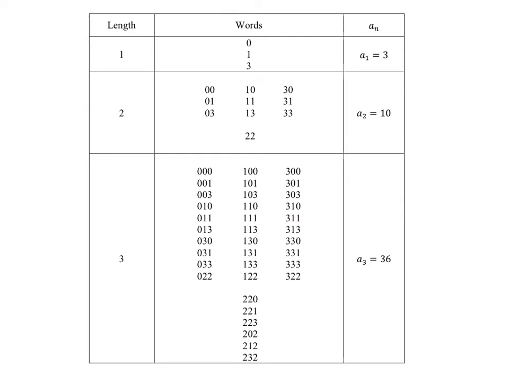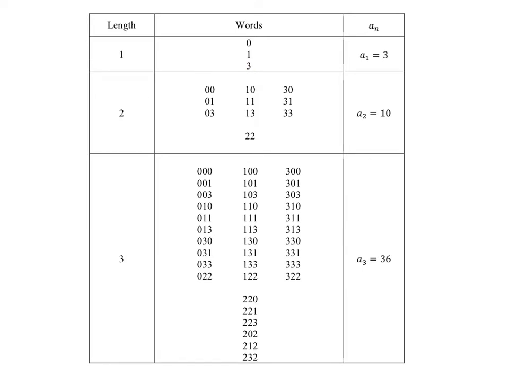So instead of counting directly, let's try to think recursively to help us in this counting process. Thinking recursively involves using what we had before to help us count all of these down here. Maybe let's back up one stage further. Let's think about how we could count all of these ones using 0, 1, and 3.